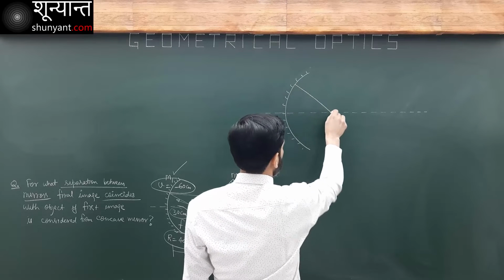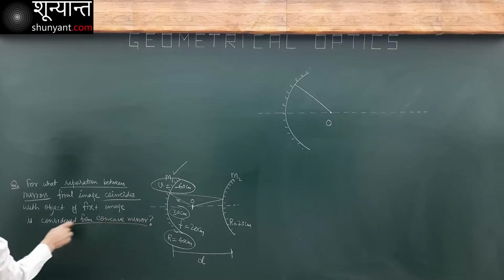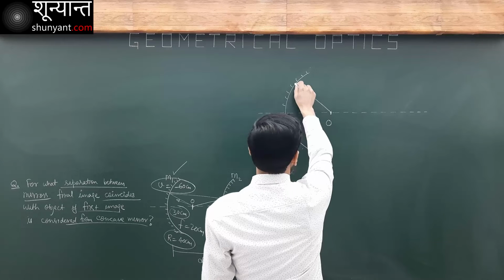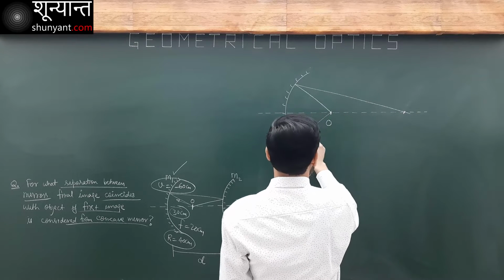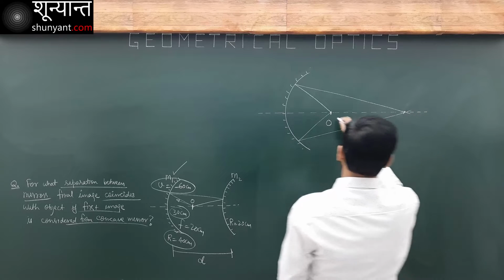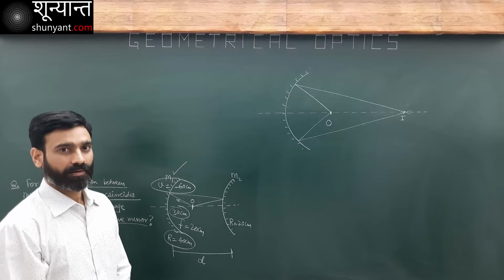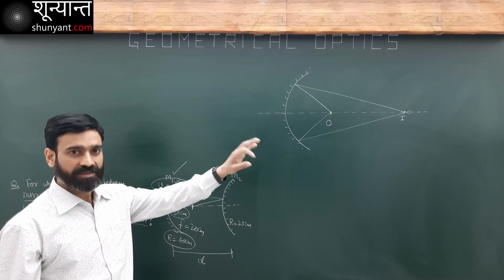Light rays start going towards the first mirror, the concave mirror. And then they are meeting here. This is 60 centimeter. This is my object, and this is my image. If I do not have the second mirror, that is the first and last image.